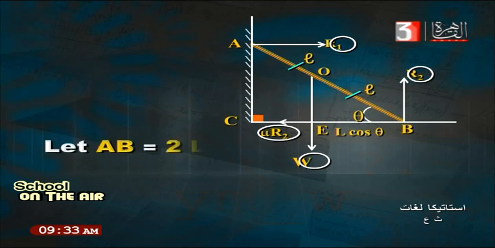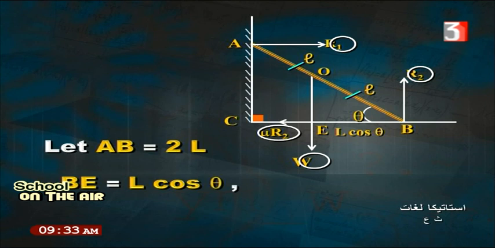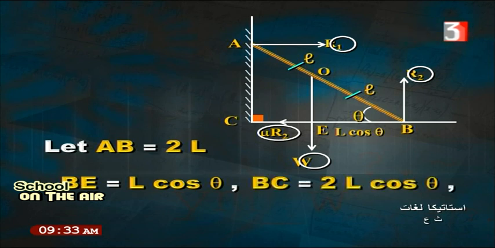In the opposite figure, my dear student, we don't have the length of AB, so we suppose AB equals L. Look, BE equals L cosine theta, where theta is the inclination angle between AB and the ground. Also, BC equals L cosine theta. Remember, cosine is adjacent over hypotenuse.